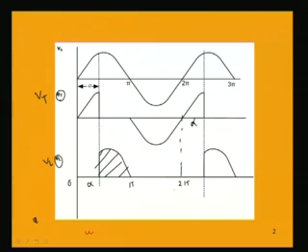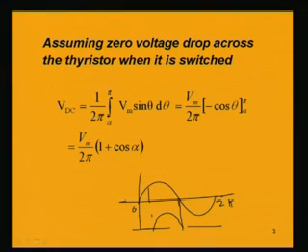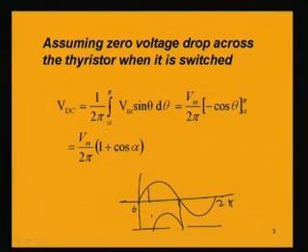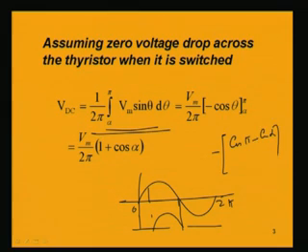in the whole period. So, in order to find out the DC value or mean value, we will be using this expression, and that is equal to Vm by 2 pi, the constant part can be taken out, integration of sin theta d theta gives minus cos theta between the limits alpha and pi, which is equal to Vm by 2 pi times minus cos pi minus cos alpha.